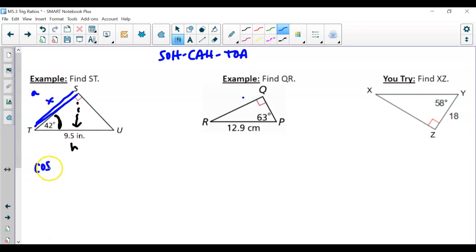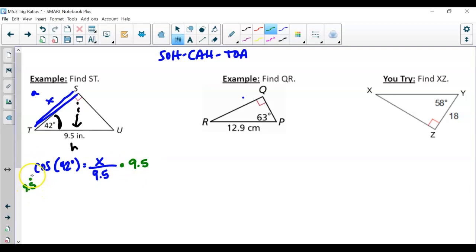So this is cosine of angle T. What is the measure of angle T? 42 degrees. That is equal to our ratio, adjacent, which is x, to 9.5. So now notice here, to solve for x, well, it's being divided by 9.5. So now we need to multiply by 9.5.